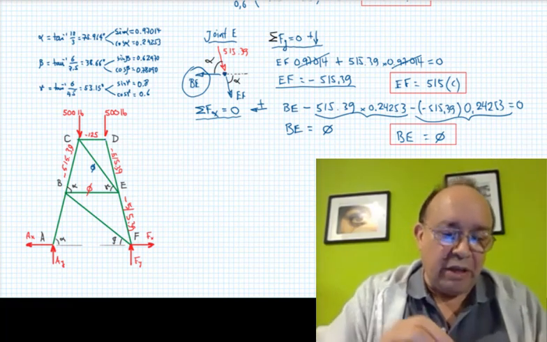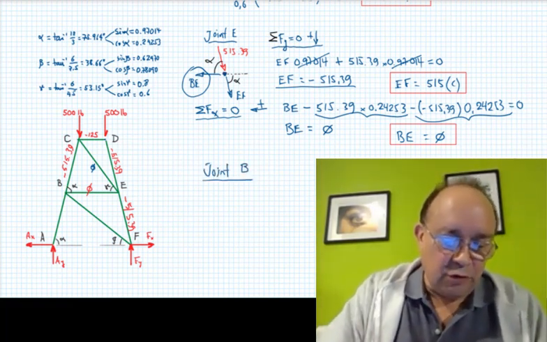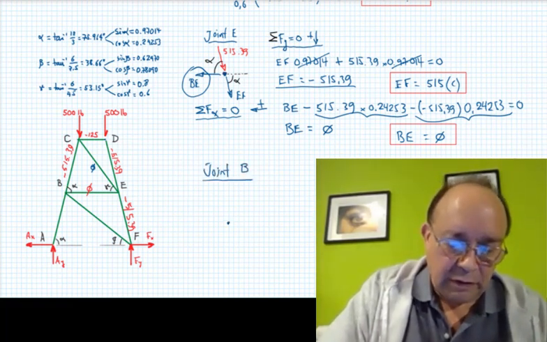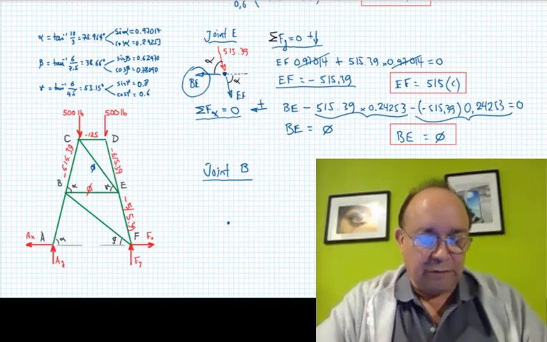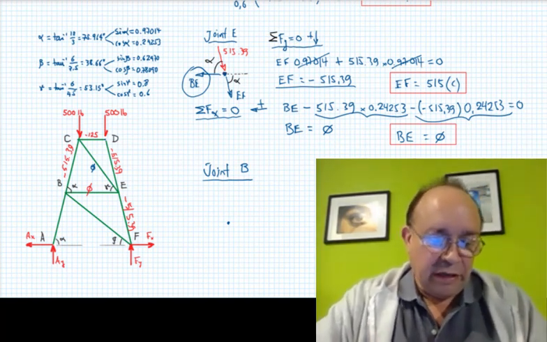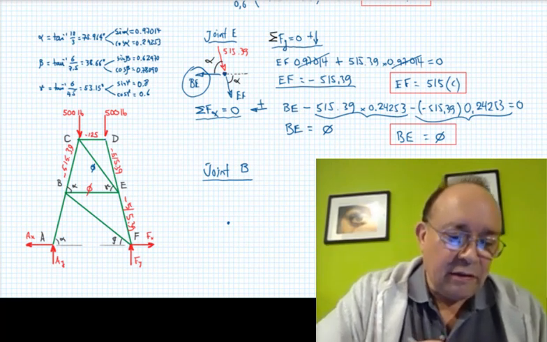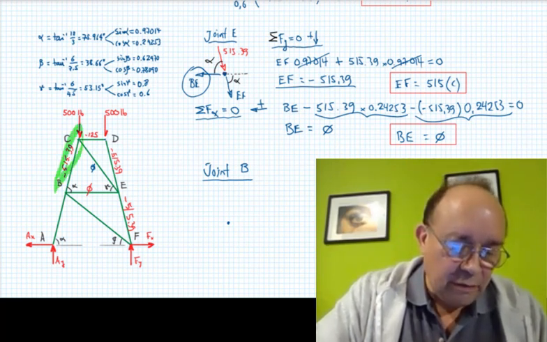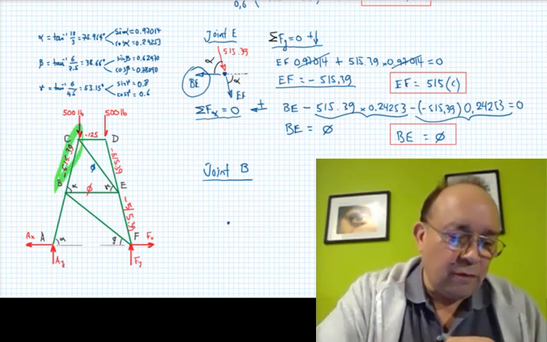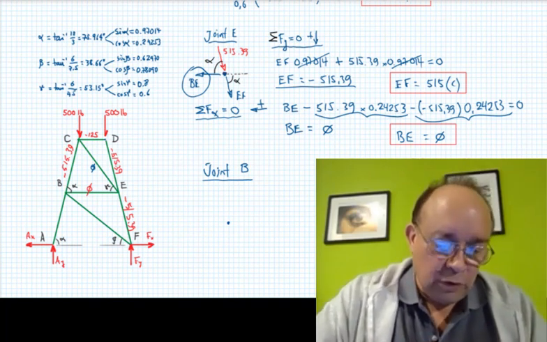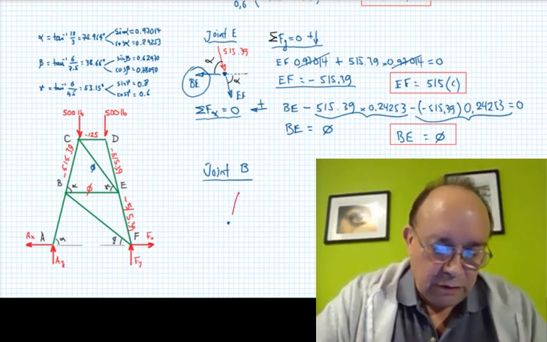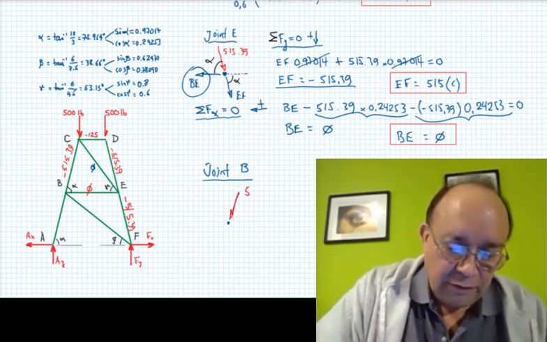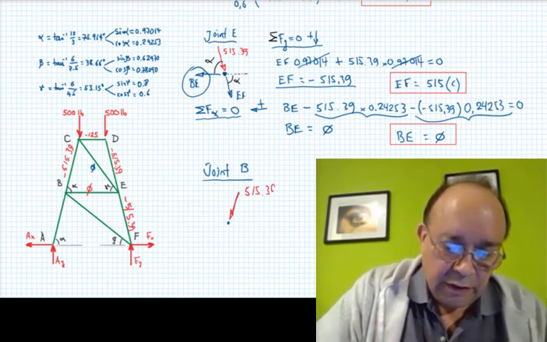Next joint, joint B. Diagram for joint B. This is the free body diagram of joint B. It has the force BC, coming from above in compression, so it's going into the joint with a force of 515.39.